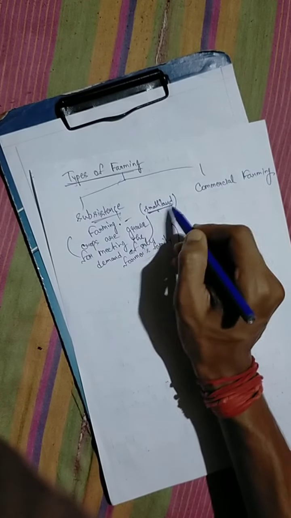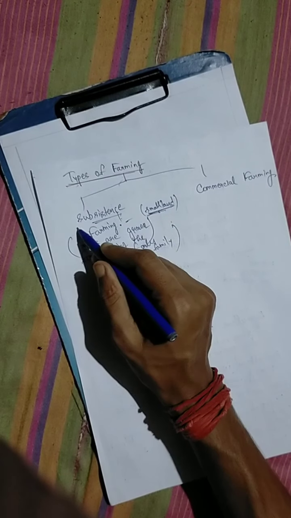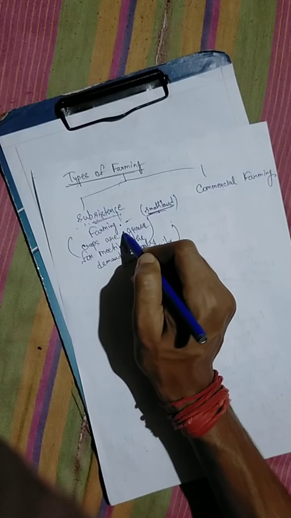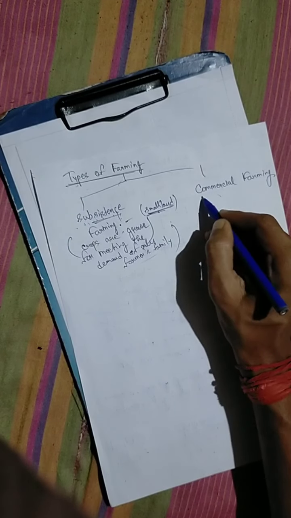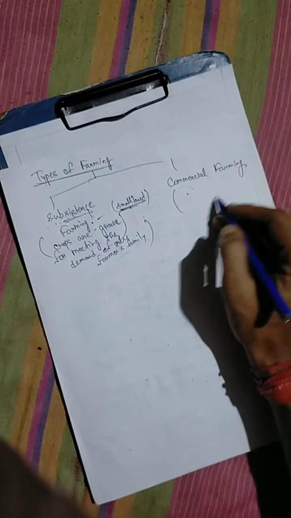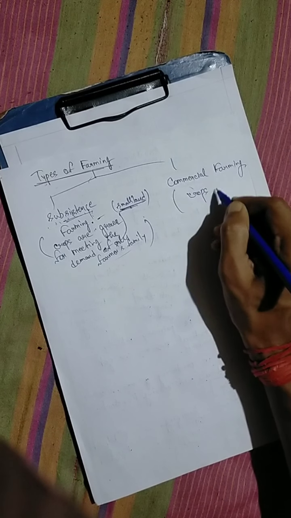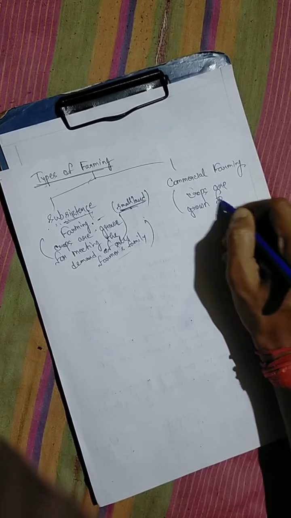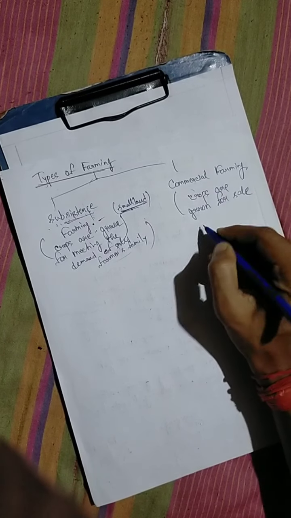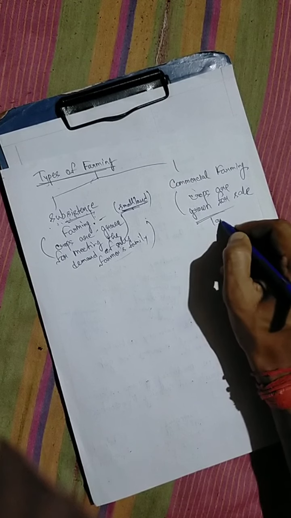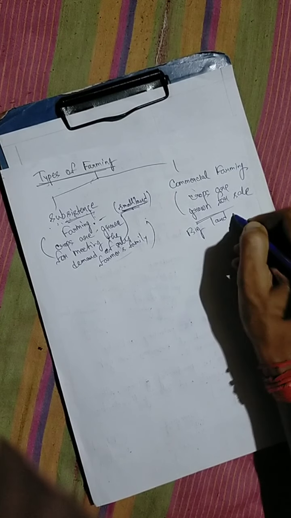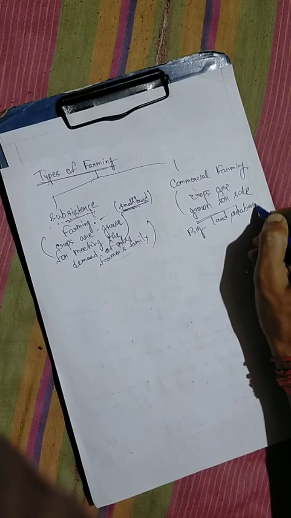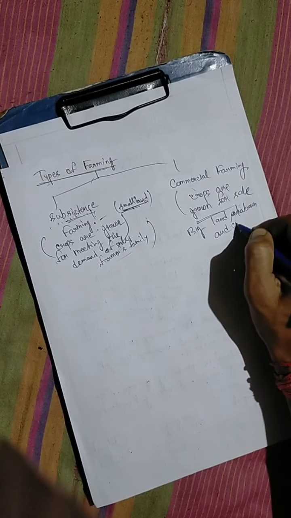So mainly small land is needed, and it is for poor farmers. They work in this type of farming. And commercial farming is where crops are grown for sale. Here a big amount of land, labor and capital are needed.